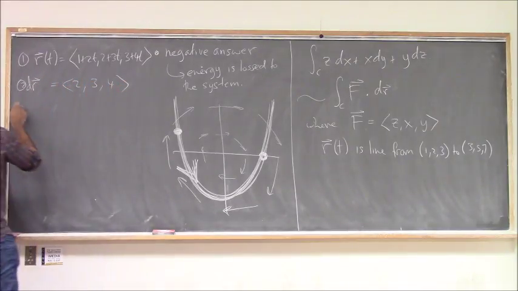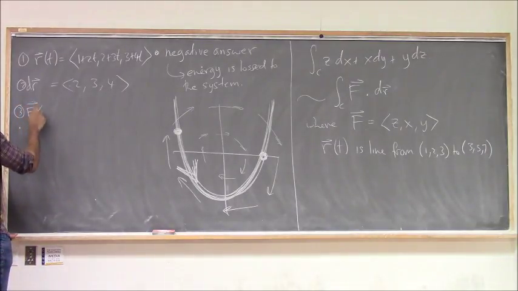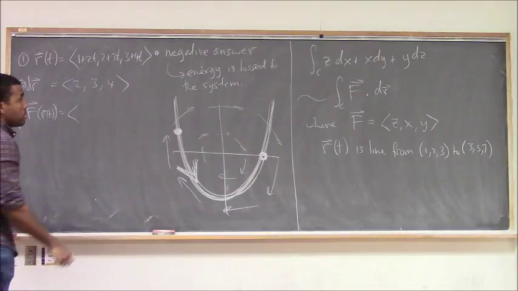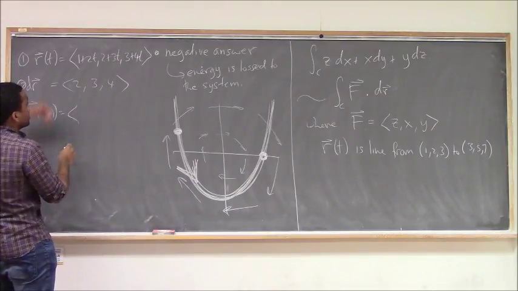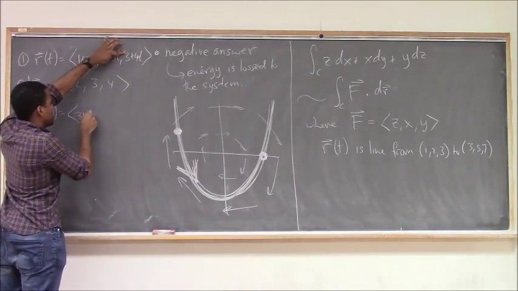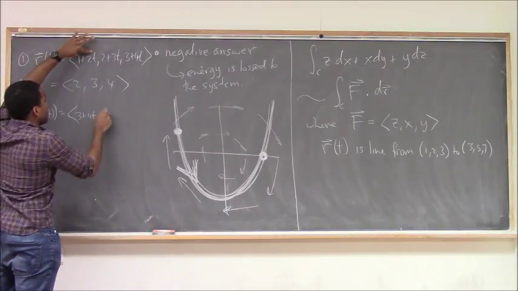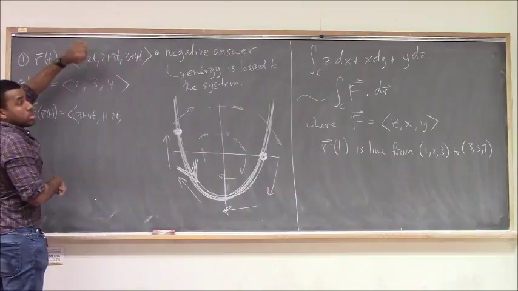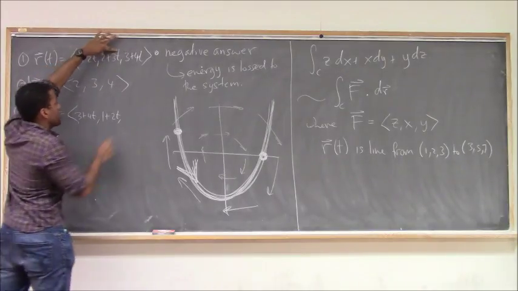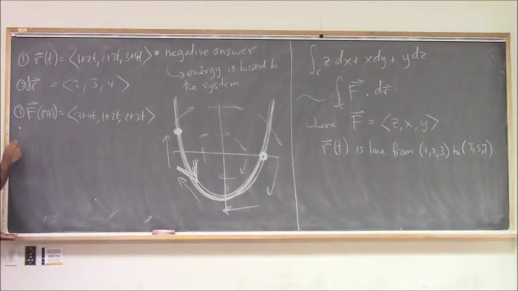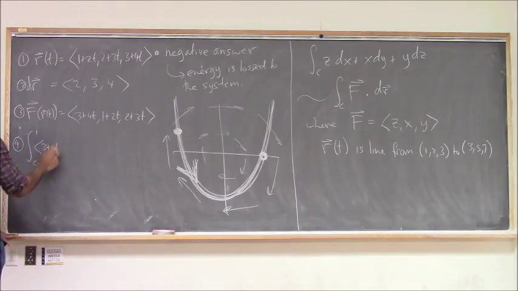You can find your F of r(t), which is going to be the z coordinate, the x coordinate, and the y coordinate. And we know we're going from 0 to 1, and then we can dot product these.